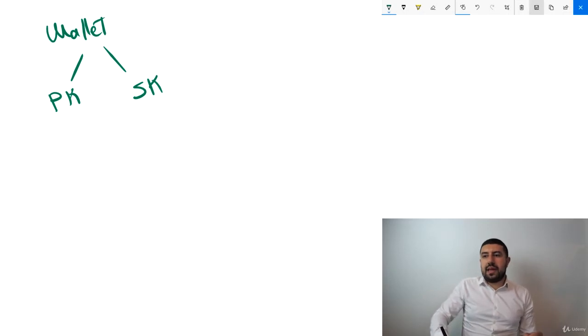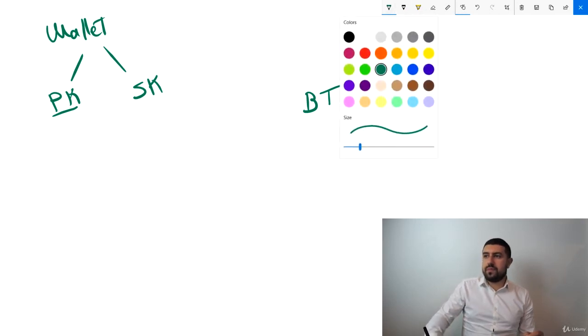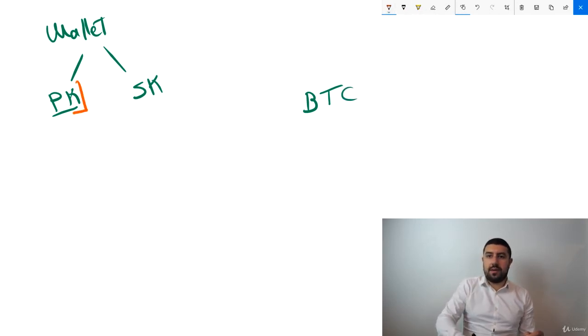Now, people think that when they have some coins and somebody sends some coins, so you give somebody your public key, right? You tell them, this is my public key. And they get it. Obviously, you'd never show your secret key to anybody, right? You just hide it. This is for you.